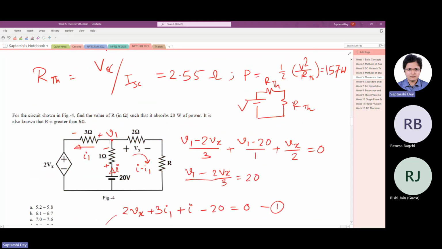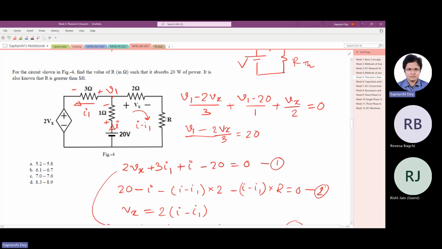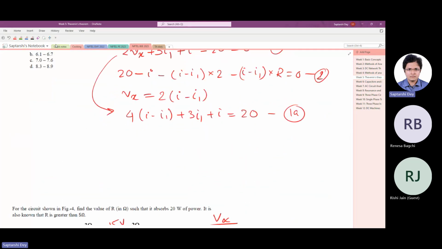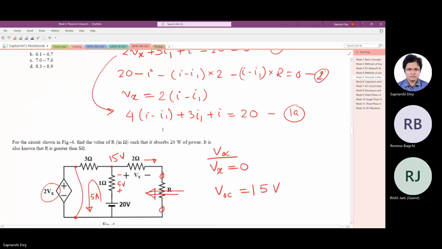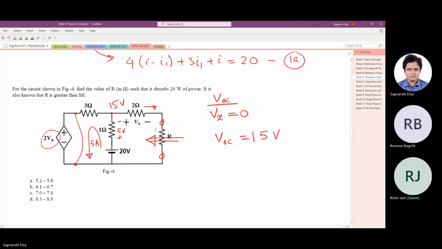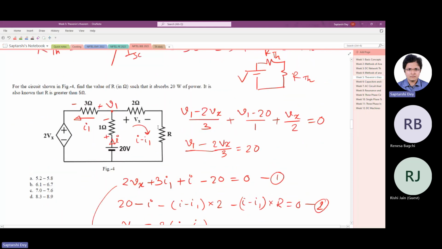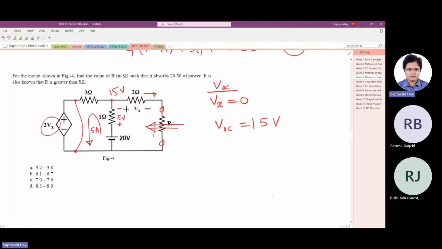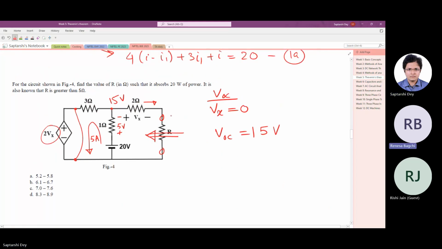Then you were solving this circuit, trying to find out the Thevenin's equivalent? Okay, then it's correct. Then why didn't you tell me when I was trying to solve this? Anyway, the I_N will be coming 60 by 7. Then RTH will be VTH by I_N, 15 by 60 by 7, which will be 7 by 4.